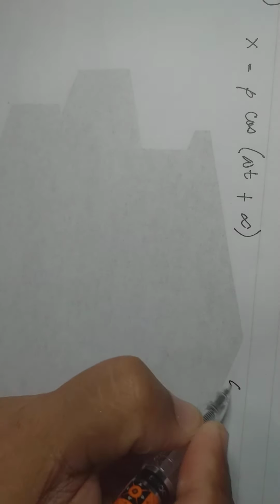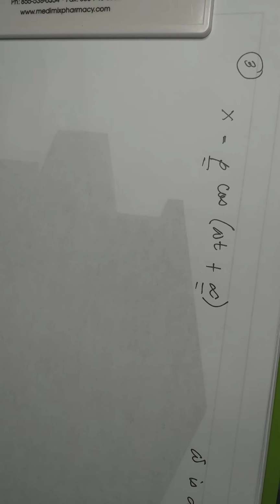Take note that W here is a parameter. Okay? So parameter and need not be eliminated. So we only have to eliminate beta and alpha. Okay? So we have 2 arbitrary constants here, beta and alpha.